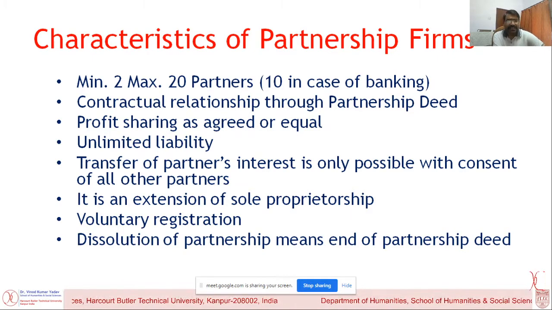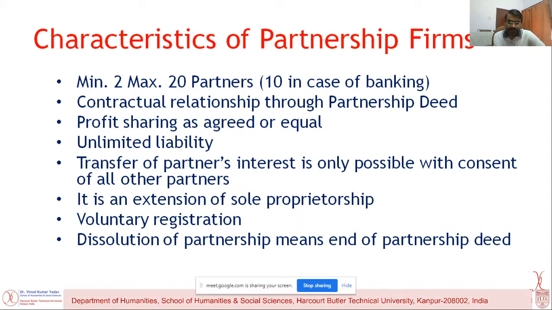Transfer of partners' interest is only possible with the consent of all other partners. It means if one partner wants to exit, or wants to transfer or sell, then all partners must agree. Consent is a must. If any one of the partners is not giving consent, the partner cannot sell interest or proportion, or cannot take exit, or cannot make any other change.